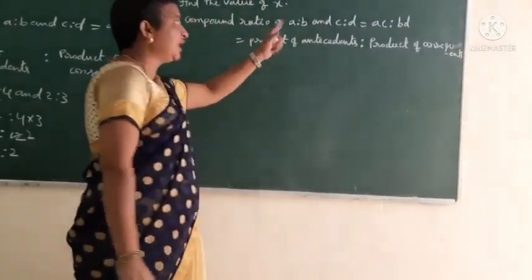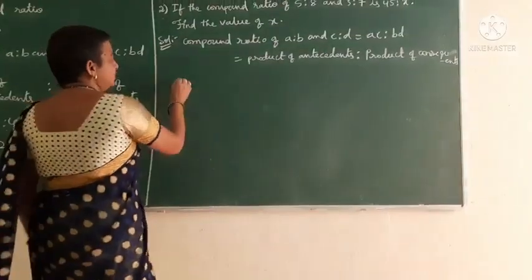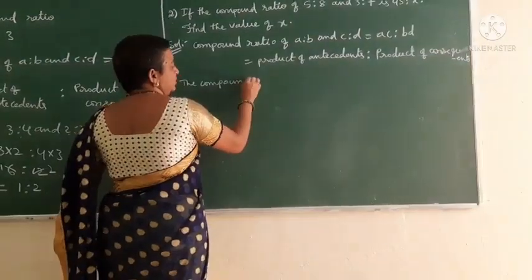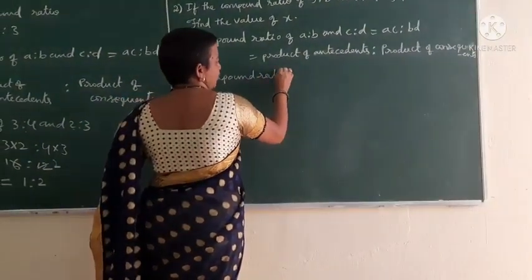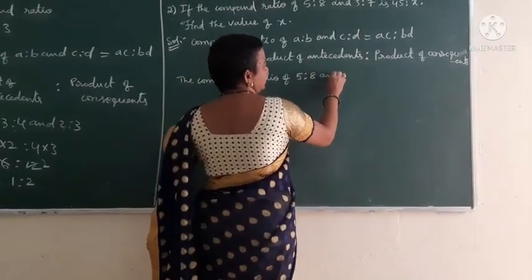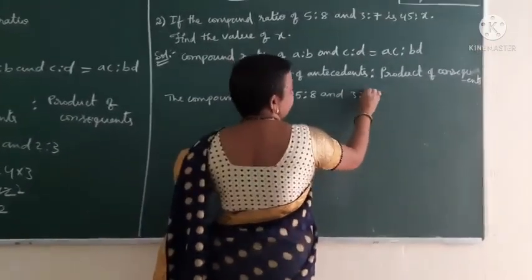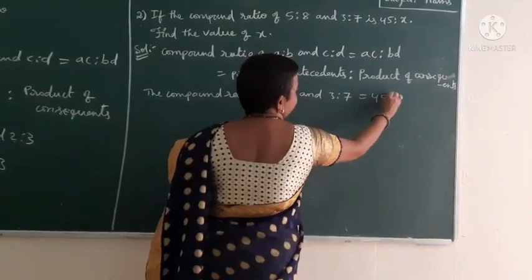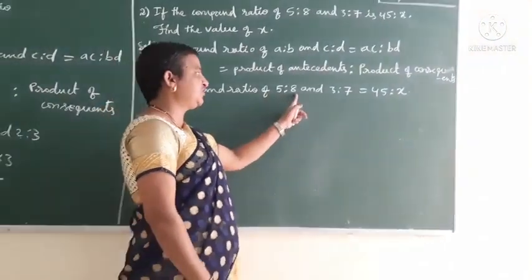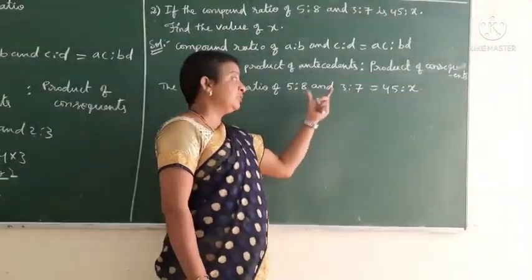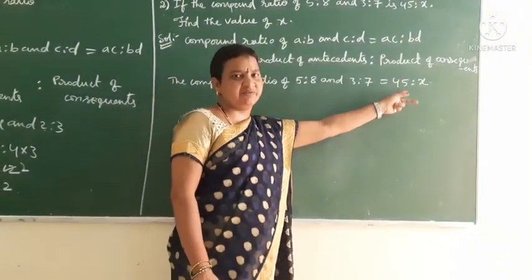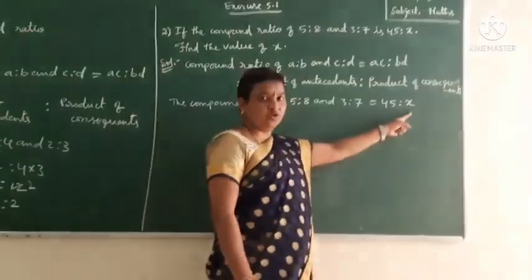Here he has given the compound ratio. So the compound ratio of 5:8 and 3:7 is equal to 45:x. Here the two simple ratios are 5:8 and 3:7. The compound ratio of these two ratios, 45:x, is given. Now we have to find the value of x.